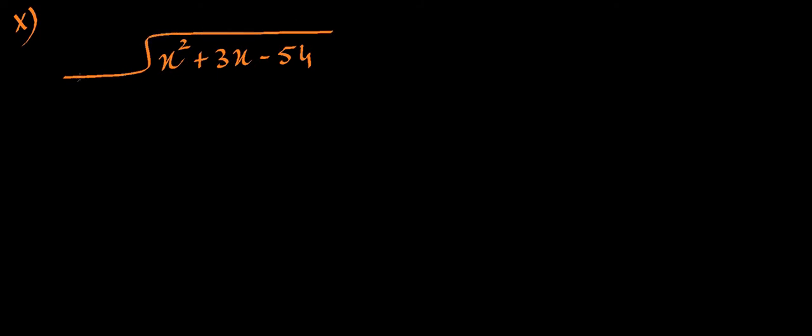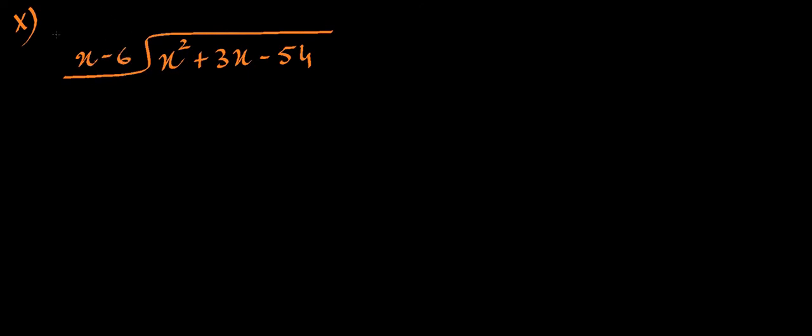Let's move to the next question. Let's see what we have here. We have sub-question 10, which says x square plus 3x minus 54 divided by x minus 6.